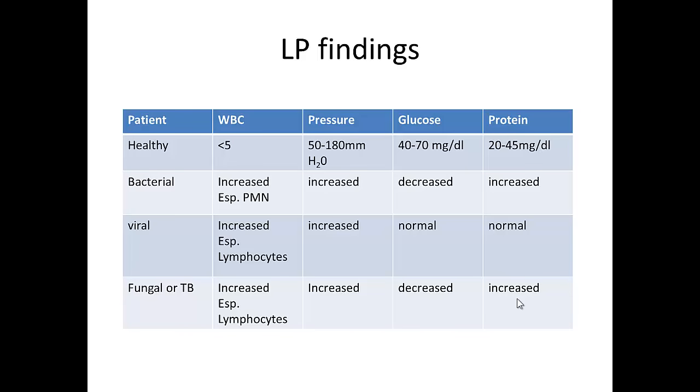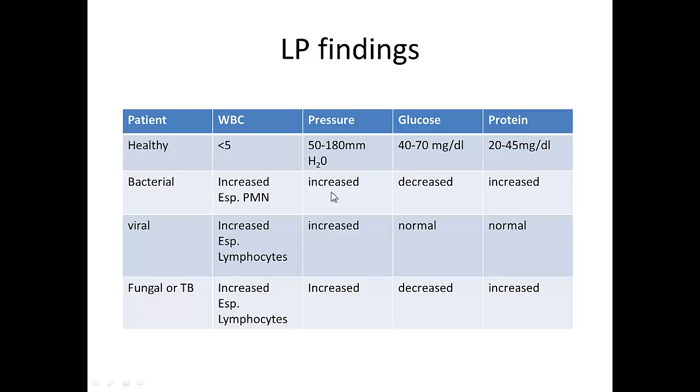When we want to diagnose meningitis, we will do a lumbar puncture. And we notice in the healthy individual, they'll have low white blood cells and this normal level of glucose and protein. But if you have bacterial meningitis, you have increased PMNs, which are fighting off the infection.